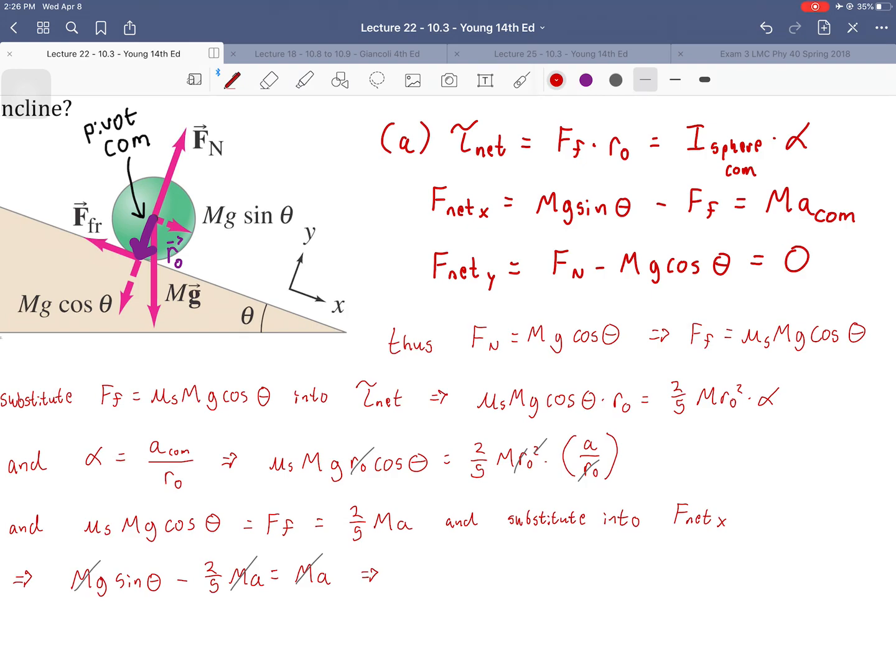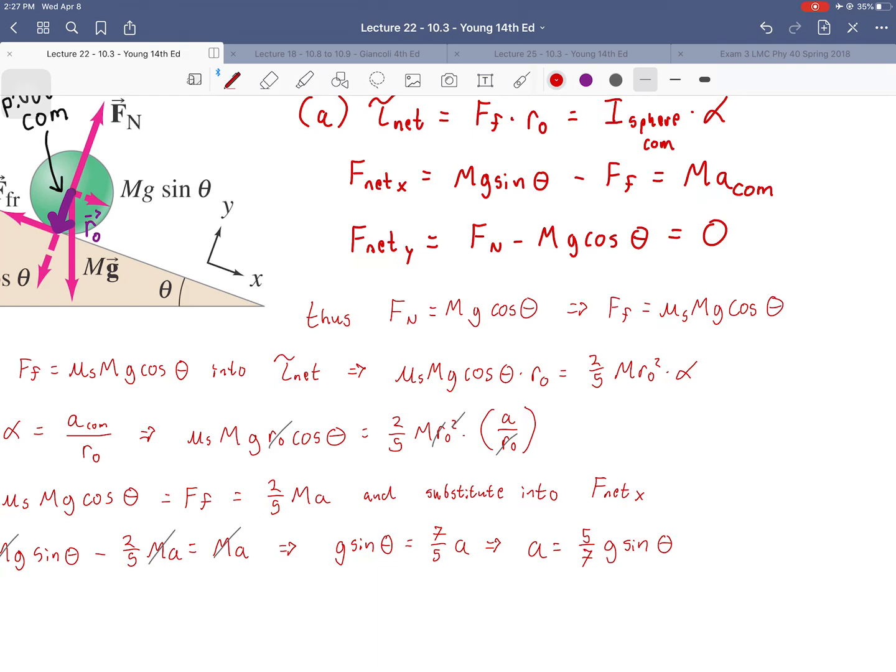Then I want to go ahead and solve for the acceleration, which is what I sought to do. If I add 2/5 a to both sides, I'm then going to have 7/5. So I'll have g sine theta equals 7/5 a, or simply a equals 5/7 g sine theta. Okay, so in this case, that's 2.16 meters per second squared.